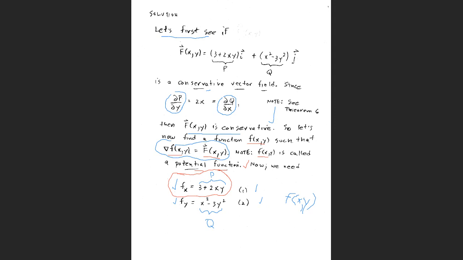To get back to the function f, what math operation would I need to do? That is right, Charles, that is right, Ellie. Take the integral. So what I'm going to do is integrate this first function with respect to x.